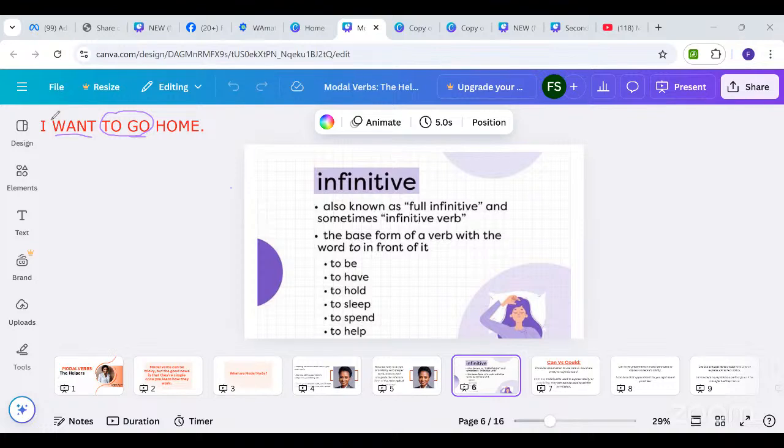Let's take another example. I need to win. So you're telling someone what you need to do: to win. To win is an infinitive. Let's use the verb in another sentence. So in this sentence, I need to win, we can say that win there is used as a noun.